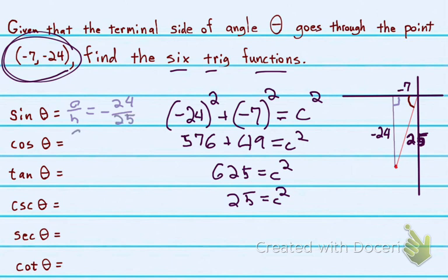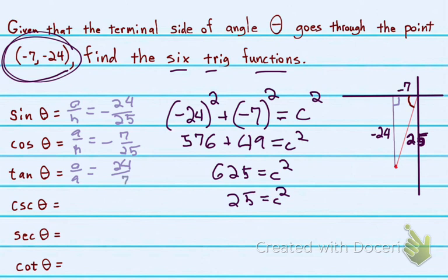Cosine is adjacent over hypotenuse, which is -7 over 25. Tangent is opposite over adjacent, which is a negative over a negative. It's going to be a positive 24 over 7.